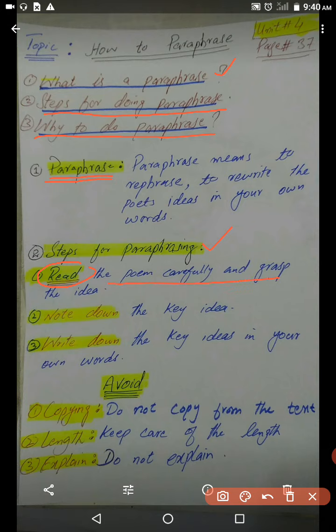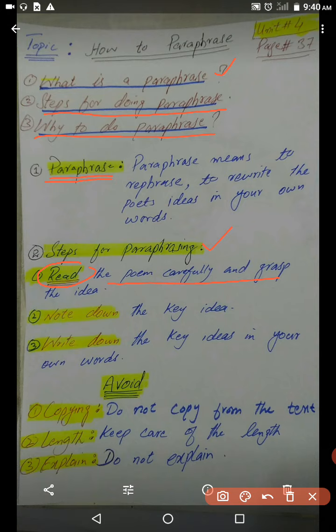And once you grab the idea of the poet, the key points in the poem, then you have to write those ideas, those key points in your words and in your sentence style and sentence structure. So for that, reading is very important.